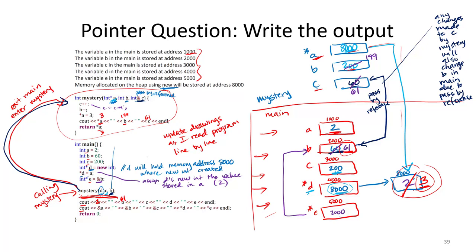If I output C to the screen, I'm just going to output that number 200. And if I output D, notice D is a pointer. So if I output whatever's stored in D, that's going to be the memory address, 8000. And if I output E to the screen, E is another pointer. And remember, E is holding the memory address where B lives, so E will output the memory address 2000.